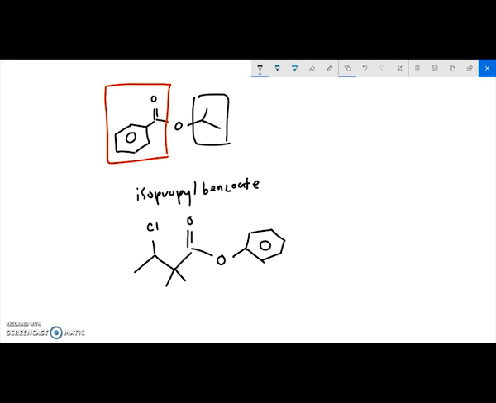So again guys, you need to make sure that you should be able to identify which part is the carboxylic acid and also which part is the alcohol. Again, all of the carboxylic acid part must consist of the C double bond O. So let's number this first. Number 2, number 3, and also number 4. Therefore, the name will become butanoate.